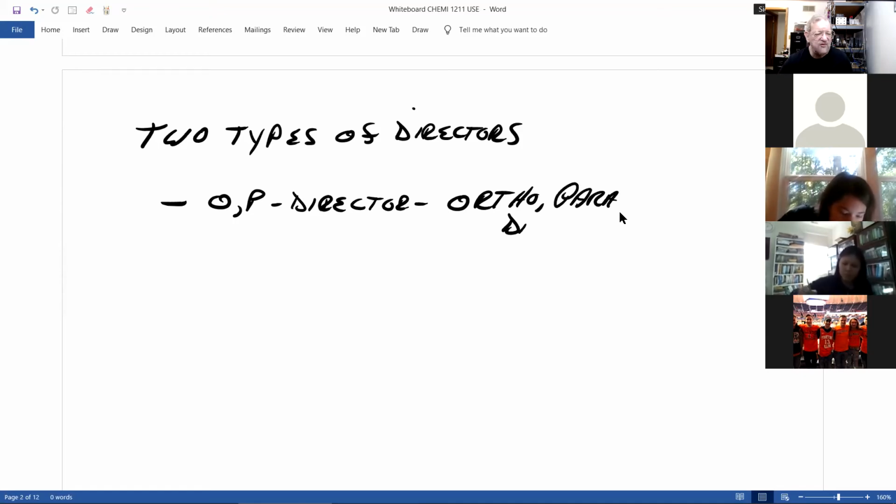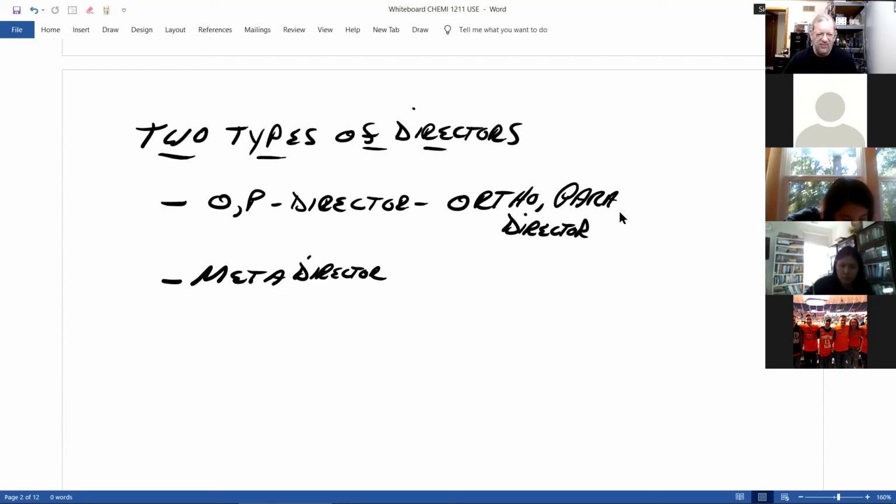One type is an ortho-para director. That means if Z is a certain type of atom or group of atoms, you get the ortho and para isomers. The other type is a meta director, and here you only get the meta position. So there are two types of directors, ortho-para or meta.